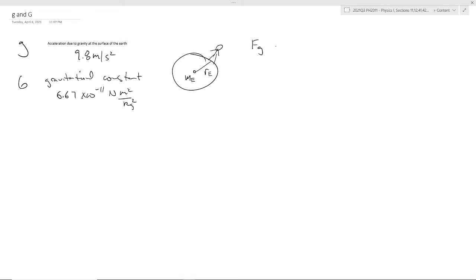And we've been working with the force of gravity, so we could look at the force of gravity on a person, say. And you know that it would be GMm over r squared.